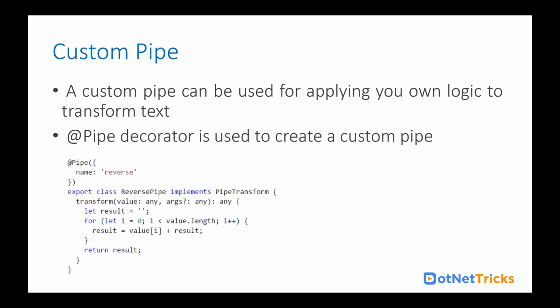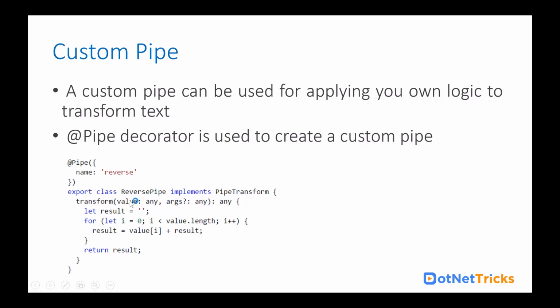Here we are going to create a custom pipe to reverse a string. When you create the reverse pipe, it automatically implements the PipeTransform interface. This PipeTransform interface has a method transform with the parameters value and the argument.